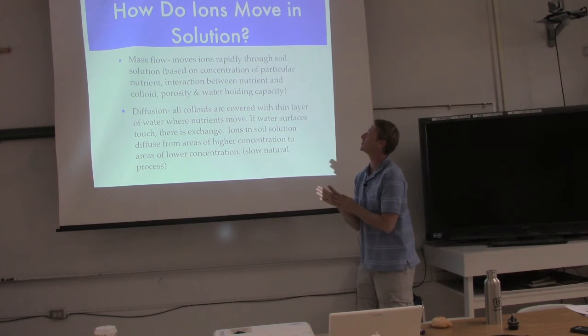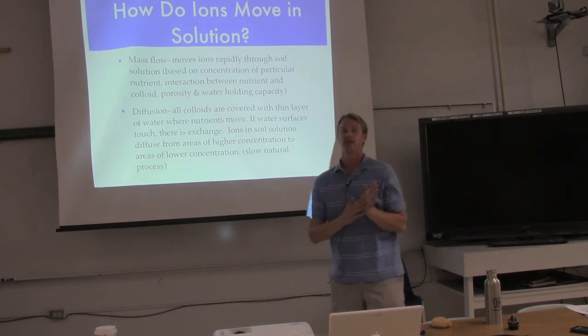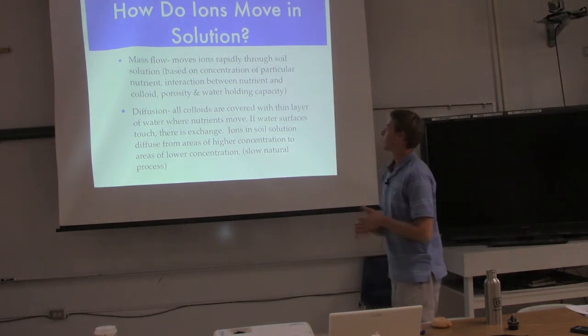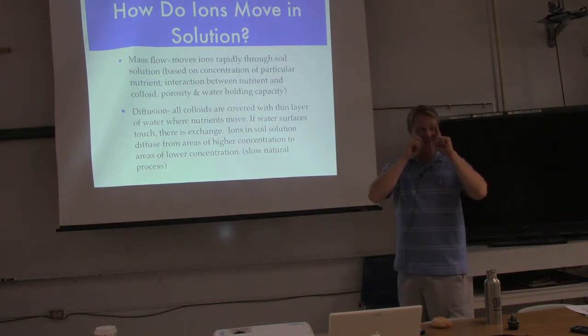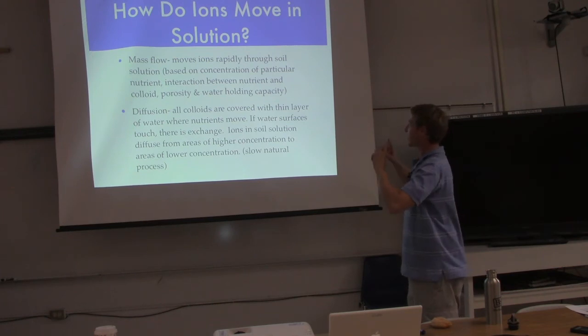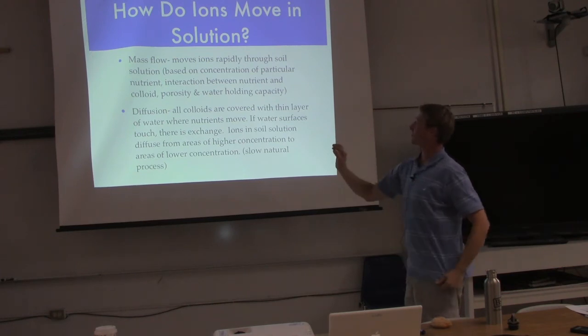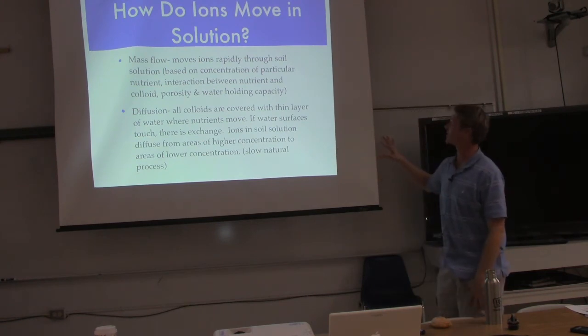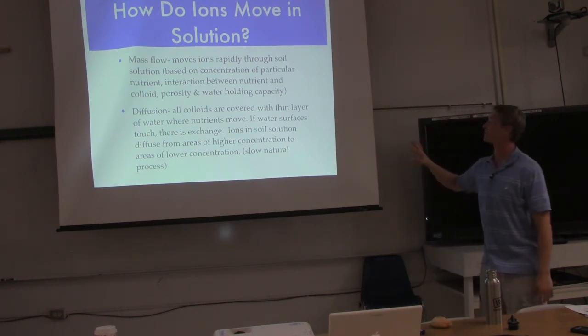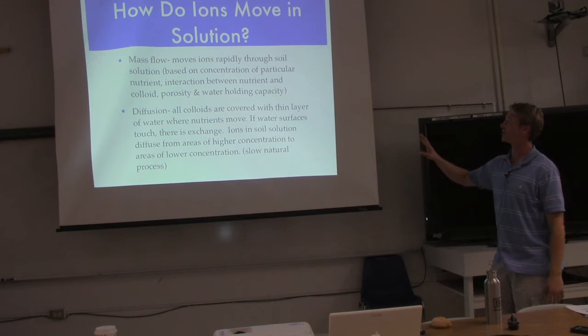How do ions move in solution? Two ways. Ions, remember, picture an ion in your head. How does it move? Well, with mass flow, it moves ions rapidly through the soil solution. Based on concentration of a particular nutrient, interaction between the nutrient, the colloid, the porosity, and the water holding capacity.